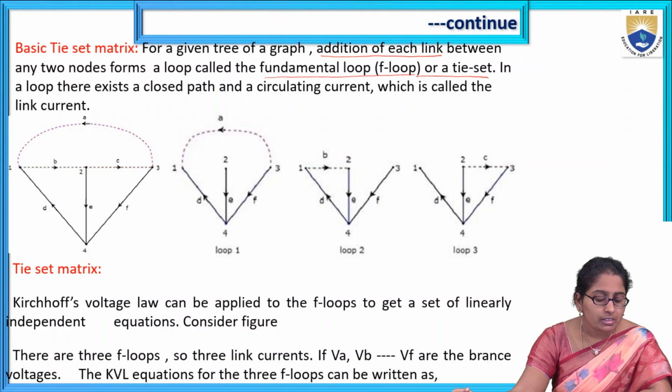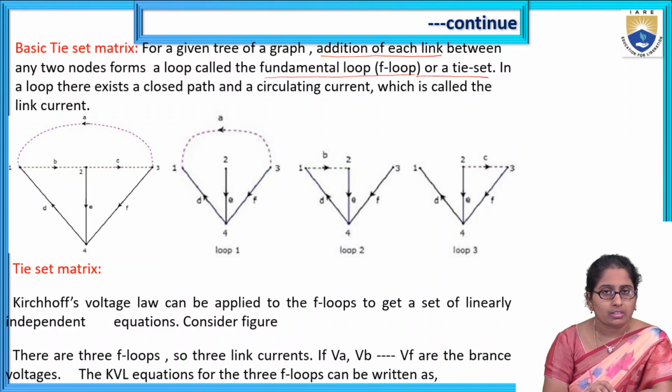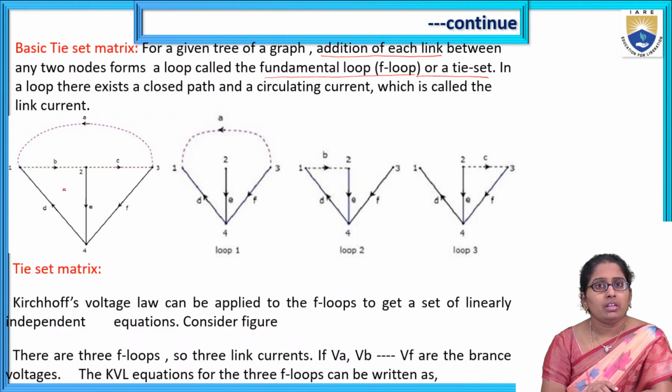Now consider the tree they have shown. From the previous lecture you know that the solid lines represent the tree and the dotted lines represent the co-tree.